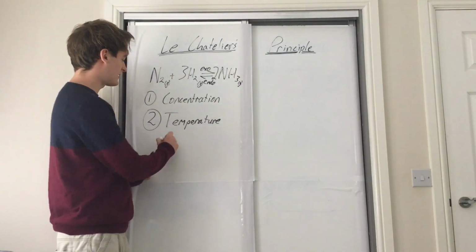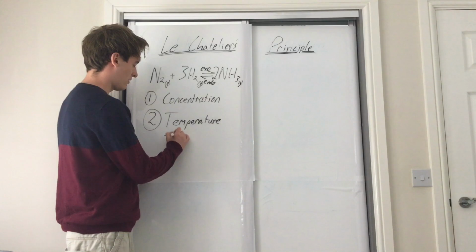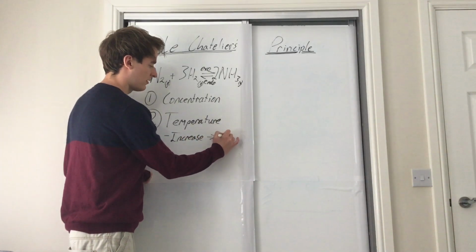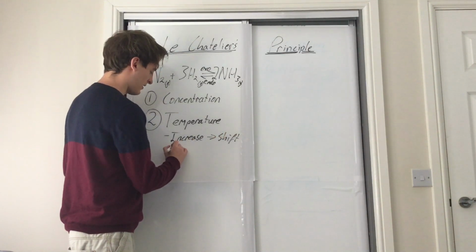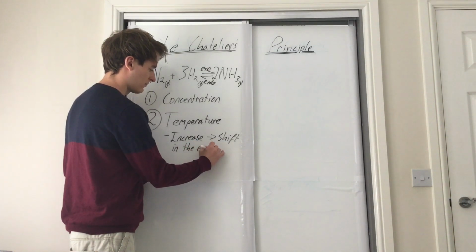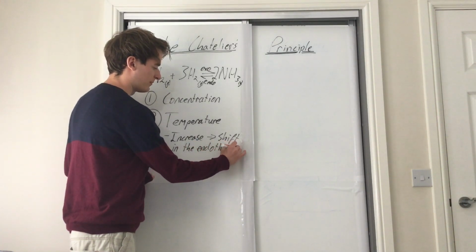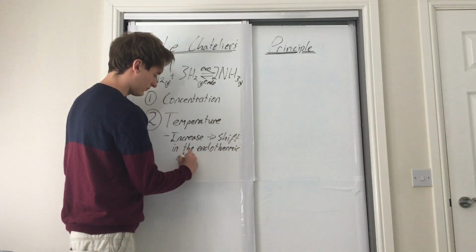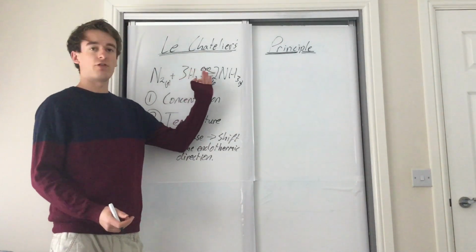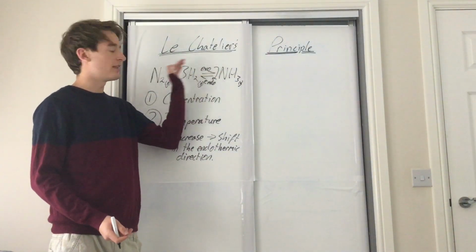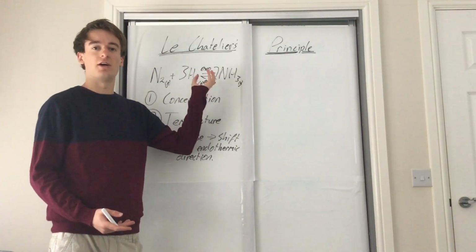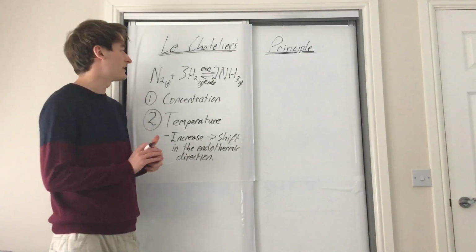Now if I increase temperature, I will shift in the endo direction, the endothermic direction. So if I decrease the temperature in this reaction, it will go in the exothermic direction. So actually a low temperature is very favourable in the Haber process.